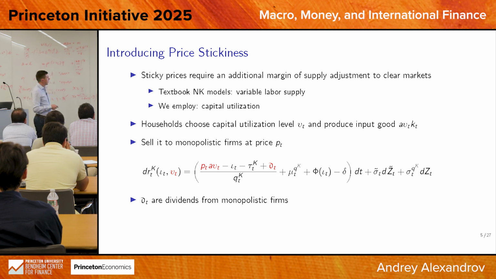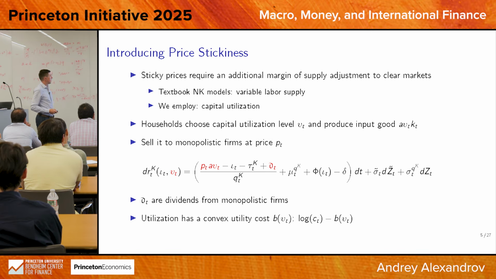And then this utilization, of course, becomes another variable that determines the return on capital, so households will have to make another choice of how much to utilize. And then they also get these funny-looking Div_t terms, which are just the profits from these monopolistic producers, because they're going to be making some profits. Whenever they make a profit, they will be transferring it to the households.